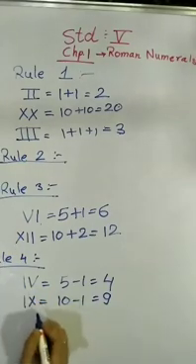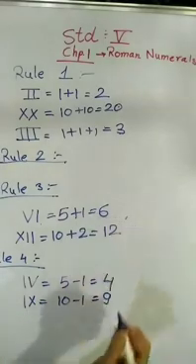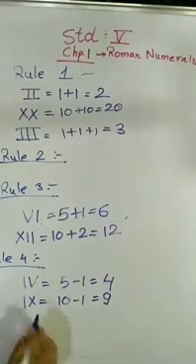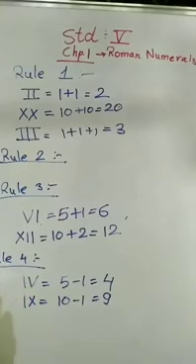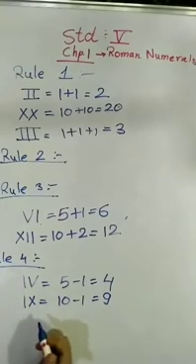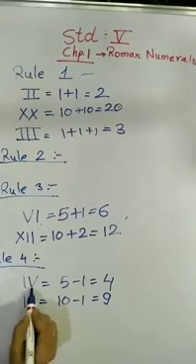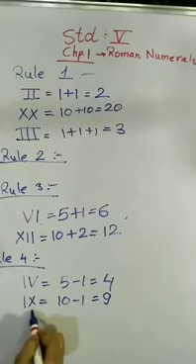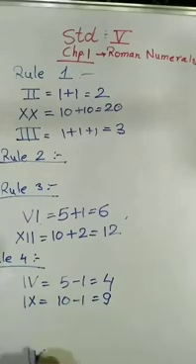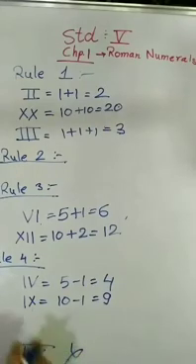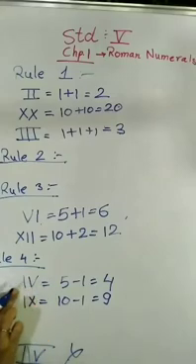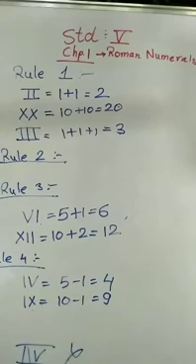Means we cannot write this way. This is wrong. We can write I one time before X and V. This is rule number 4. I hope these 4 rules are clear to you.